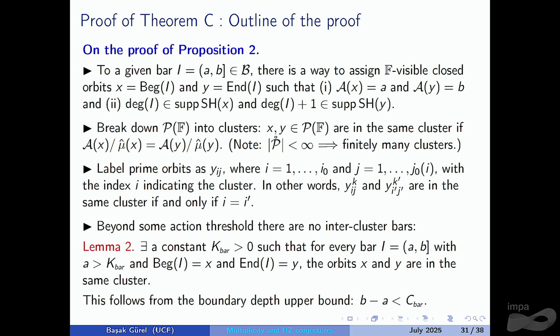This is, again, not difficult to prove. It essentially follows from the fact that you have this a priori bound on the boundary depth. Okay, so there is this constant k bar. Just to remind, C bar is the upper bound on the largest bar, and this k bar is yet another constant coming from this lemma.